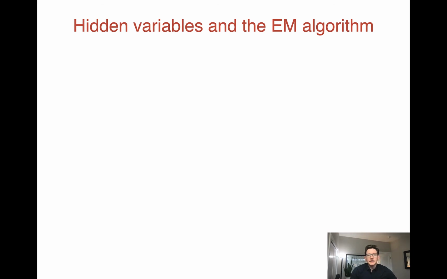The second case is a case where we have a multivariate normal with some missing data. That is, let's say we have 3 sensors, and let's call them y1, y2, and y3. We have multiple readings from these sensors, i equals 1 to n.